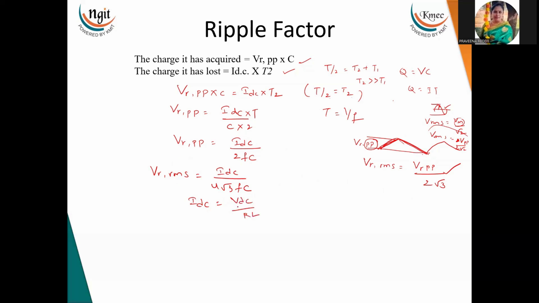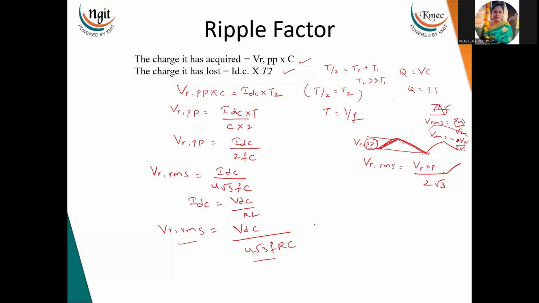So now VR RMS is equal to VDC divided by 4√3 FRC. So this is the expression for VR RMS.